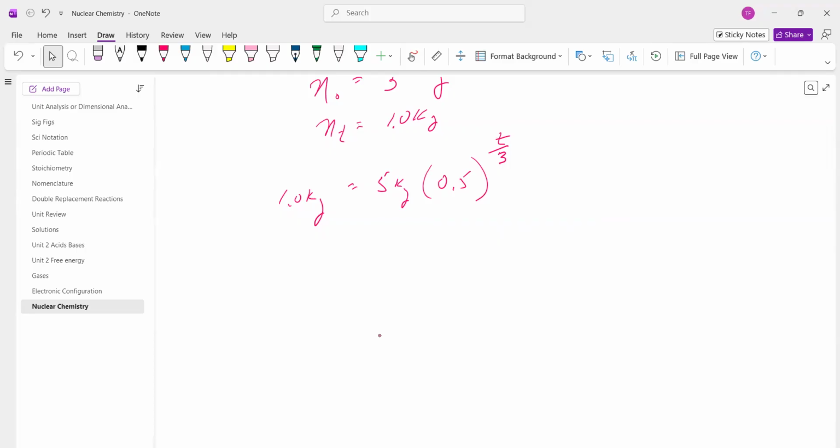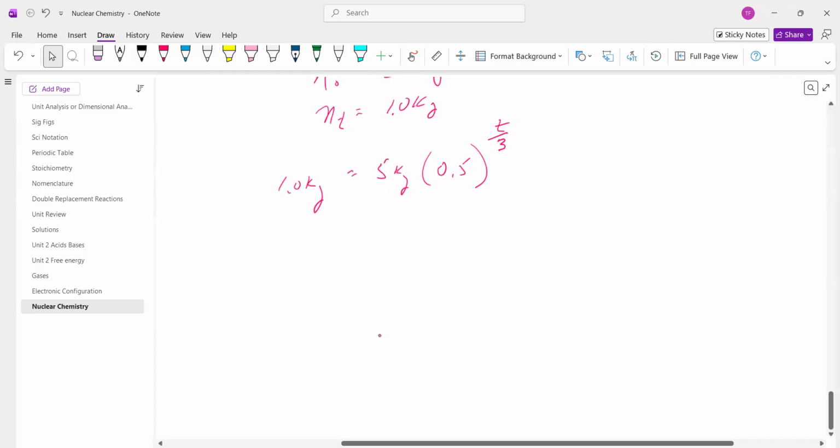All right, so let's divide both sides by 5.